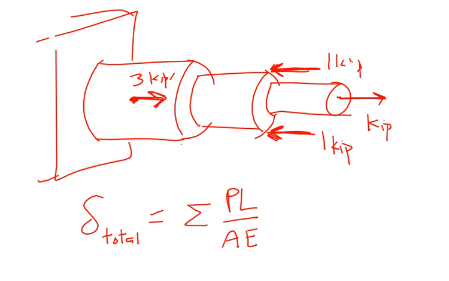And anytime your area changes, you should have a new segment. Anytime your E, your Young's modulus value, changes, you should have a new segment. So remember: change in internal force, change in area, or change in material. Anytime you have one of those three changes, you have a new segment. And L, of course, is the length of each of those segments.